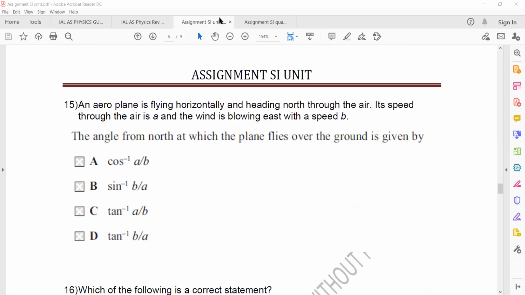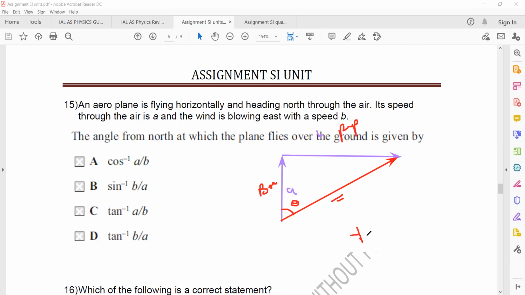And if we need an angle, the same question, if we need the angle from north at which the plane is heading, we need this angle because this is the north direction. According to this angle, we have a base and a perpendicular.